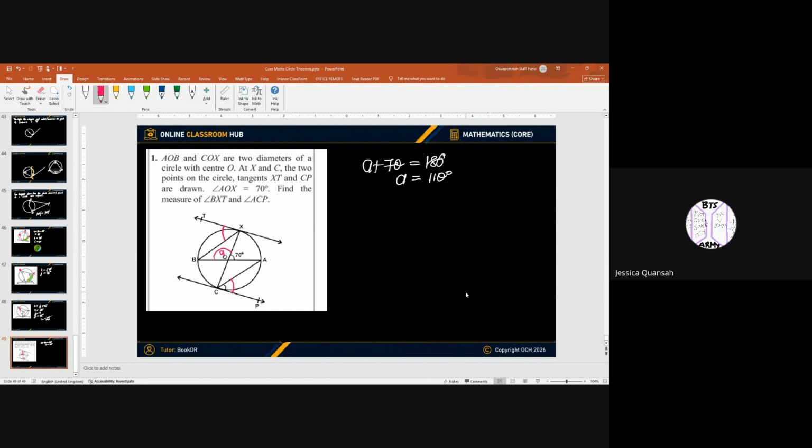If we say angle BXT, this is the angle. But I want to talk about the diameter. This is the diameter. So this small part is not part of the angle between the diameter and the chord?